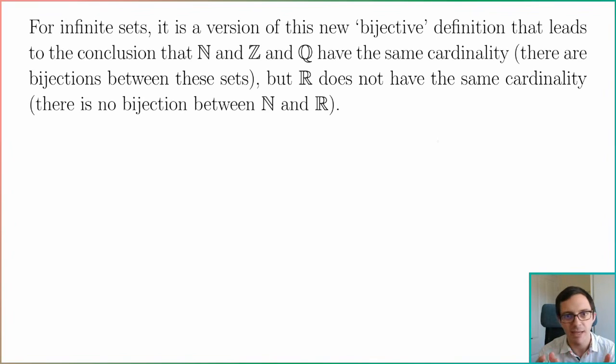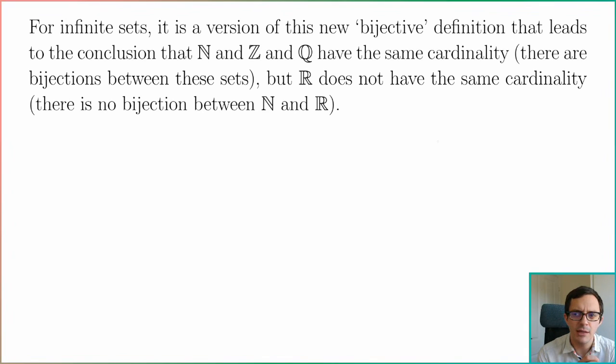And there's a system of naming these, but let's focus for now on the idea that two sets have the same cardinality if you can find a bijection from one to the other. And this leads to the conclusion that the naturals and the integers and the rationals all have the same cardinality. You might like to go and try to find bijections between those sets, if you can. It's a challenge to prove that those have the same cardinality.